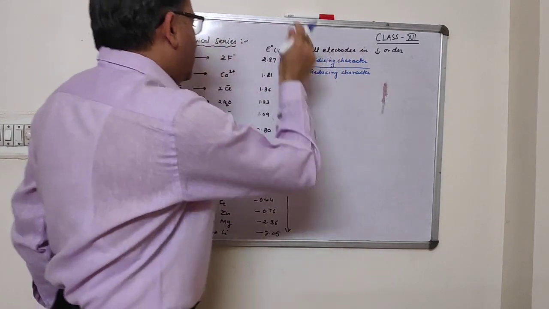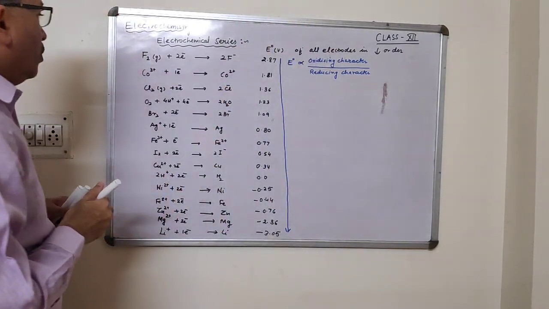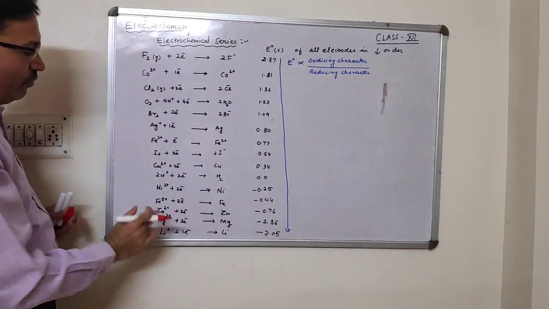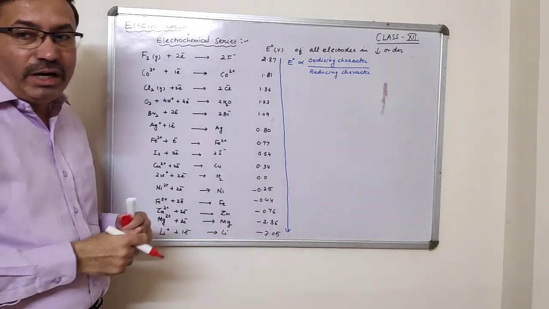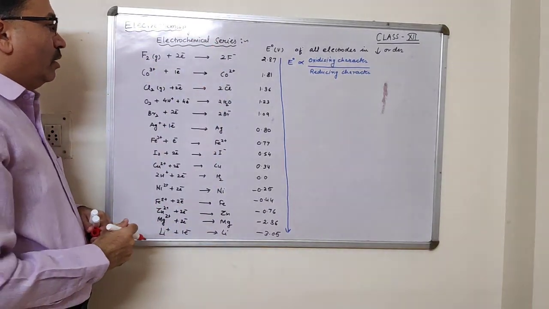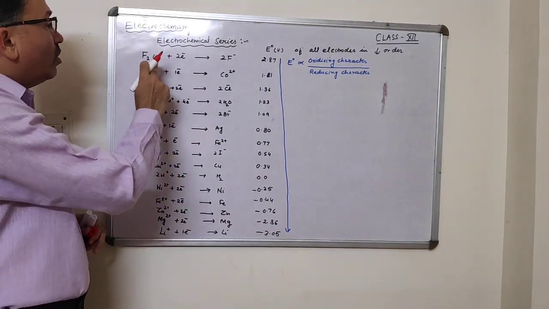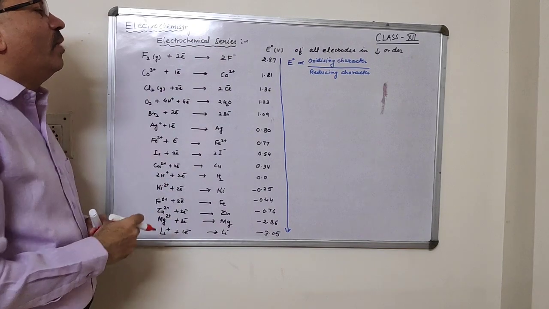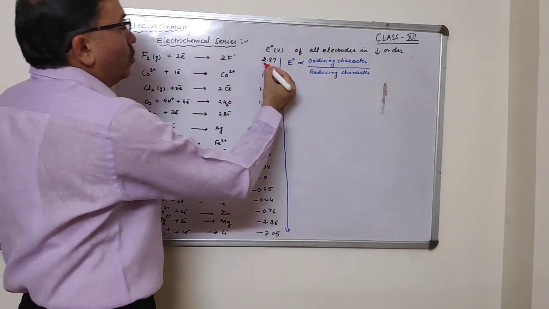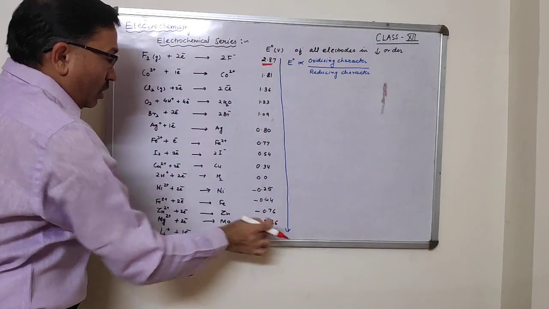Let's understand. I have taken a few elements, not the complete electrochemical series, just for reference to explain. Among all elements, E naught of F2 to 2F minus is the highest, 2.87 volt. These all values are in volt.